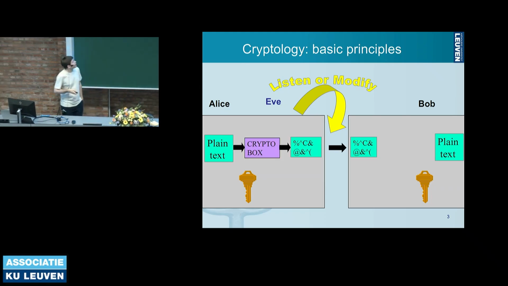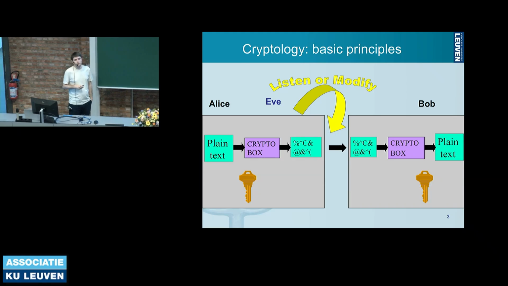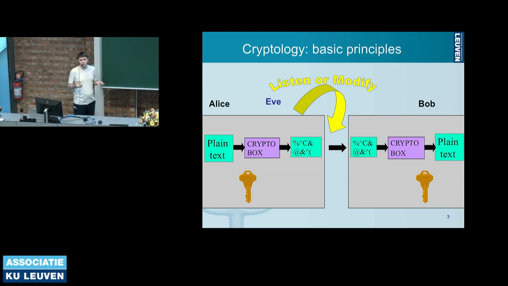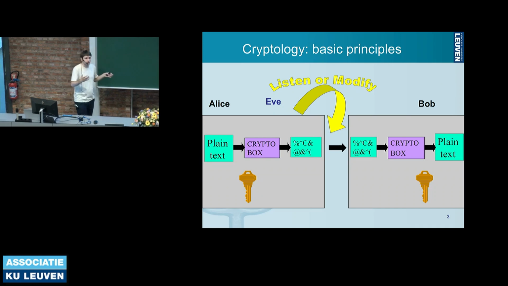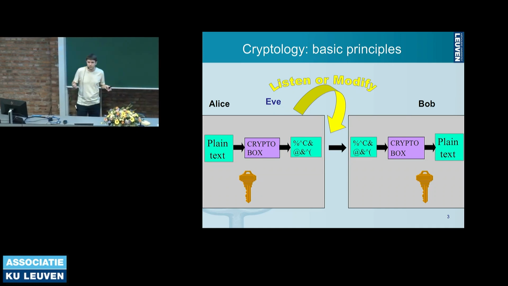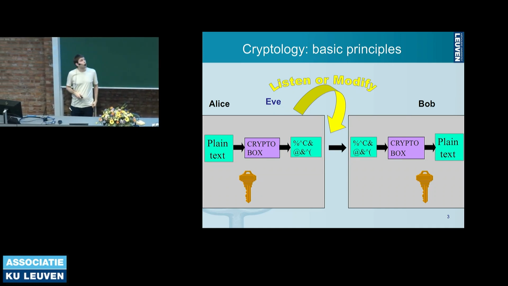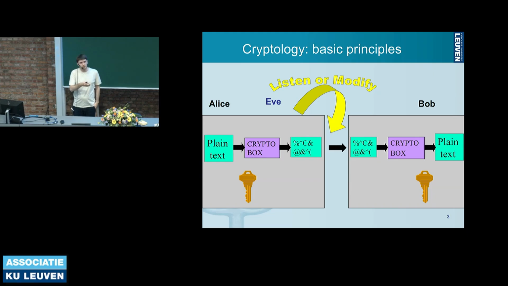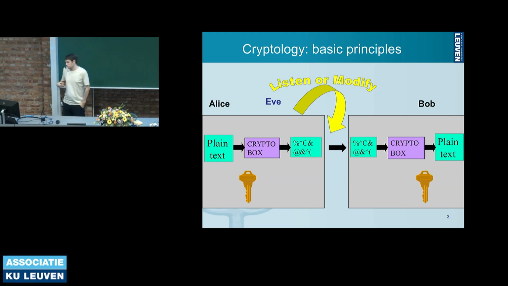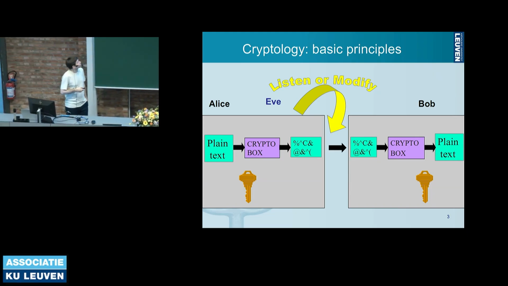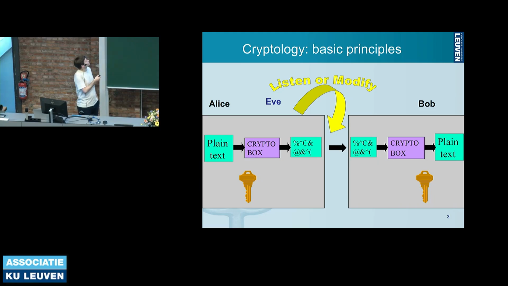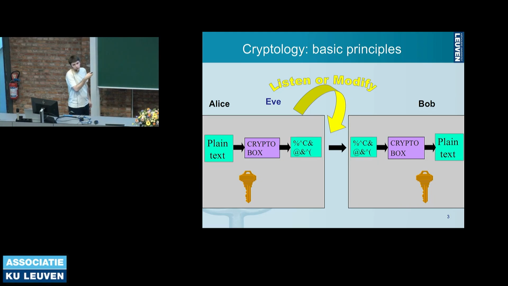The basic idea to make this possible is, of course, the classical idea of encryption. You take your plaintext message, you do some operation on it to scramble it into ciphertext, and then Bob needs to be able to unscramble that. And of course, this crypto box has to be somehow secret, because otherwise anyone can unscramble.